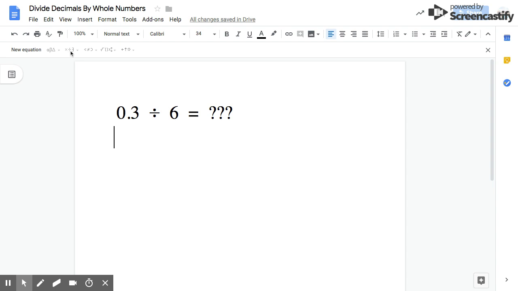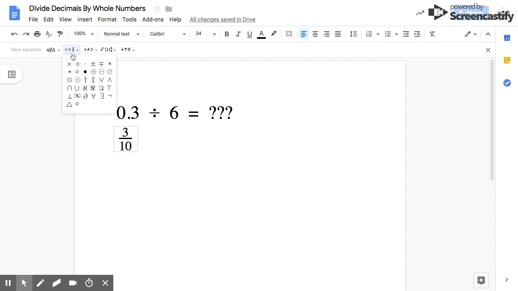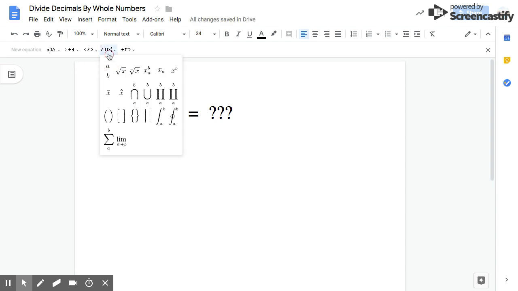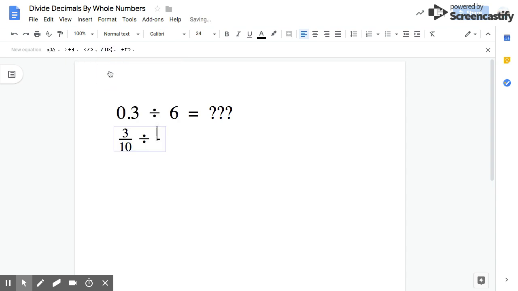And what we'll do is we'll take that and turn it into a fraction. So now we have 3/10, and that is divided by 6/1.